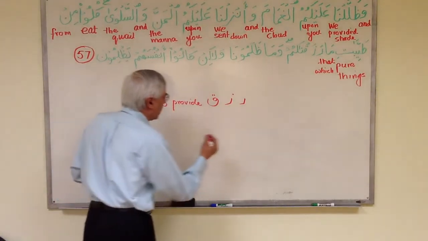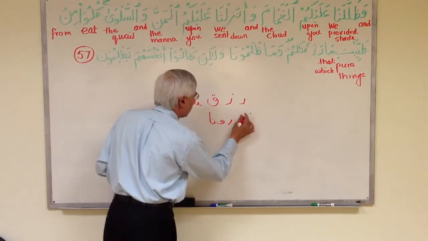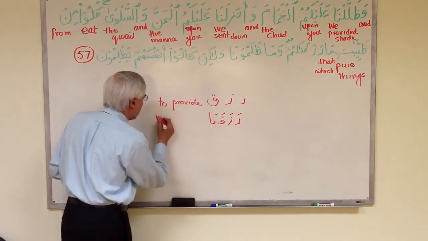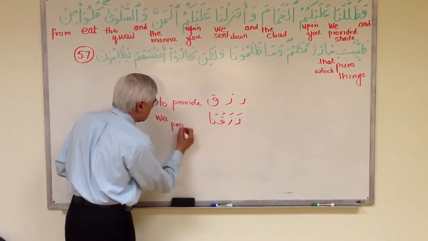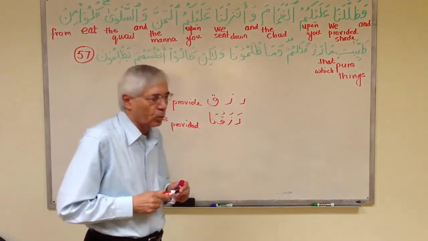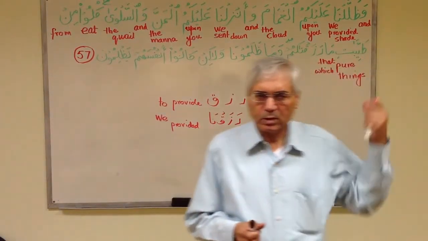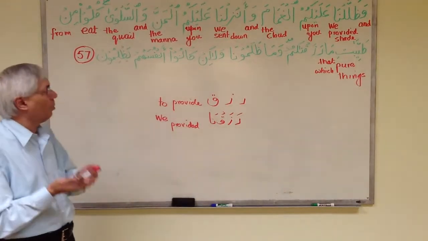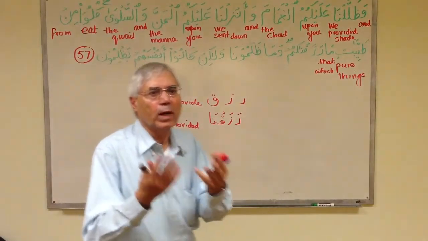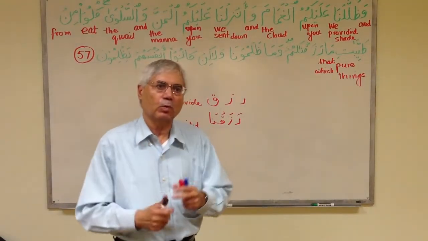And if you put na at the end, razaqna means we provided. By putting na at the end it becomes we, plural, and past tense. We just saw two other words like that. Kum means you. Razaqnakum, we provided you. Eat from the pure things which we provided you.